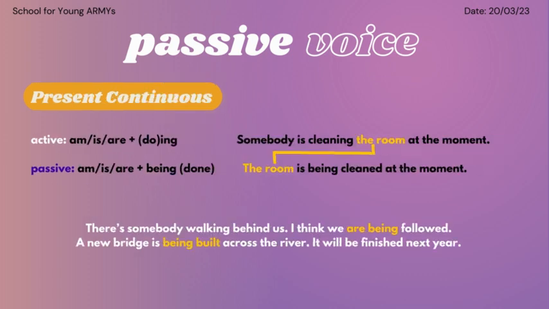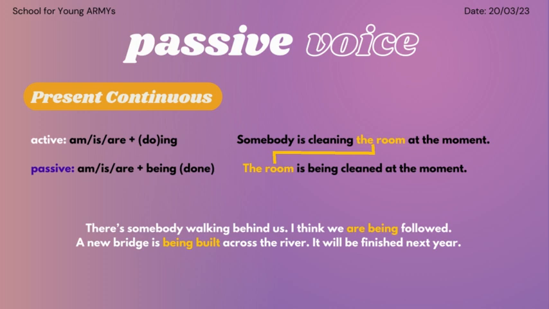Okay, so the present continuous, I think it's the easiest one. The present continuous is basically always with the ing, so you have the verb to be plus the gerund, the ing of the verb.